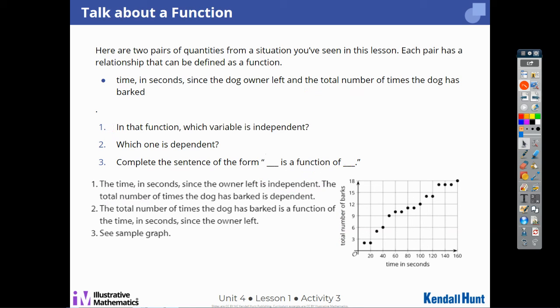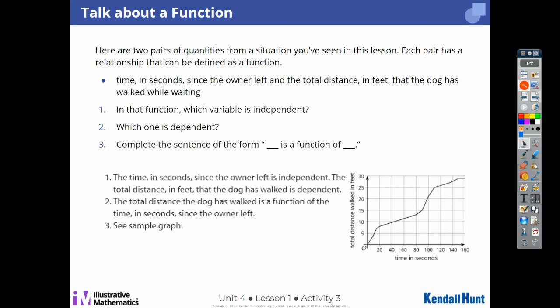Okay. Let's look at another one. So what about the time in seconds since the owner left and the total distance in feet that the dog has walked while waiting? Well, the dog can continue going back and forth, zigzagging within a 5-foot radius. So if we were just mapping his distance, he couldn't go more than 5 feet away from that post. But now we're talking about total distance.